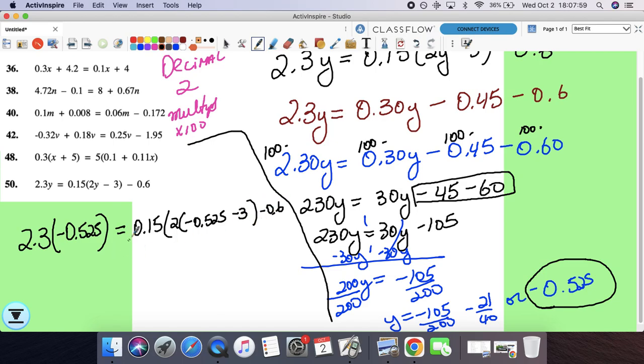Jeez. Alright, so let's see. 2.3 times negative 0.525. On the left side, I got this ugly number. On the right side, first of all, I have to do negative 0.525 minus 3. Enter.